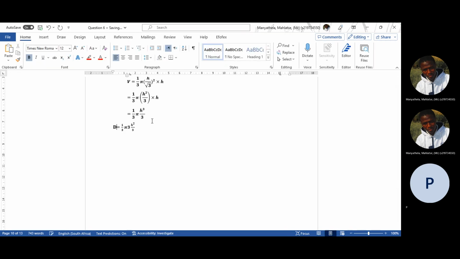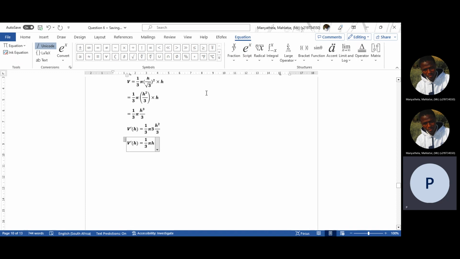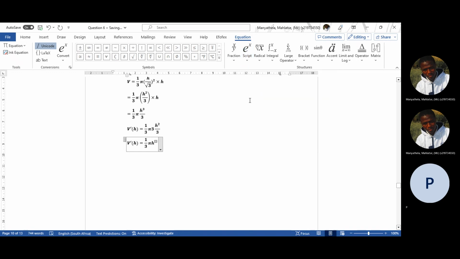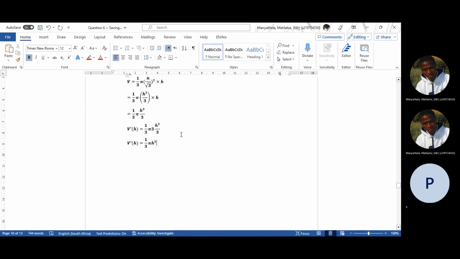This is the derivative dV, we can simply say V prime of H, because we are deriving with respect to H. So this 3 will cancel this 3, and then we'll be left with 1 over 3 pi H squared. So this is the derivative.